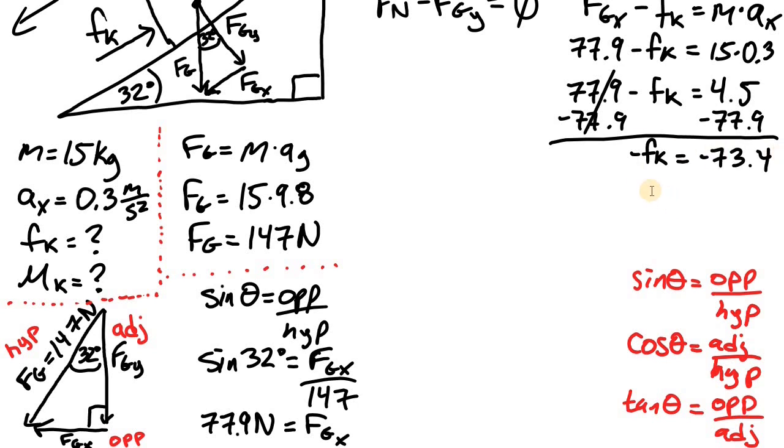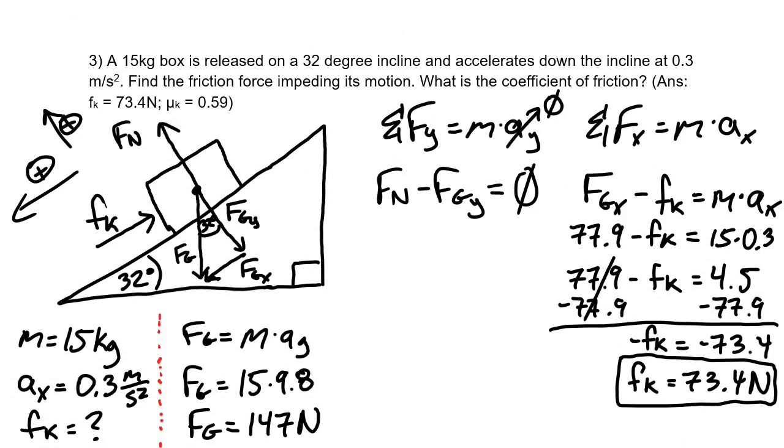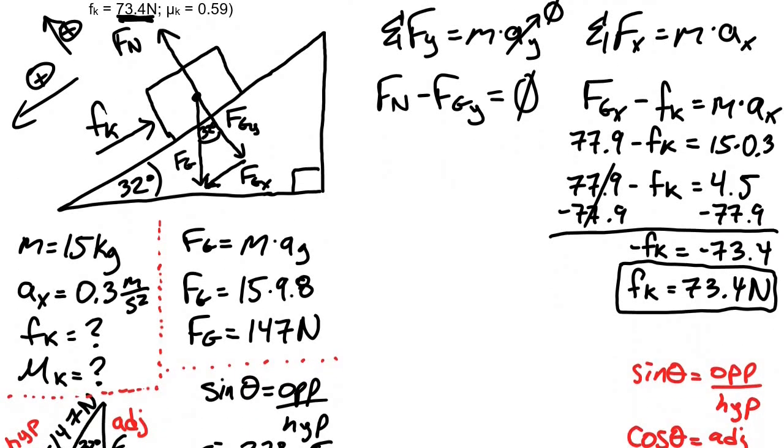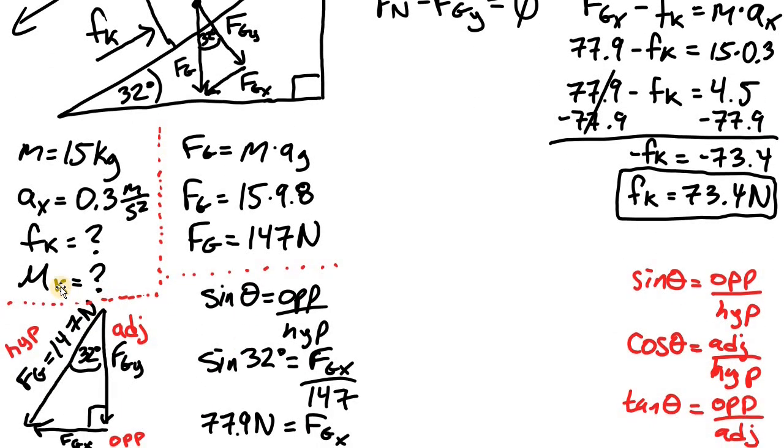And if negative FK is equal to negative 73.4, what is positive FK equal to? And that is one of our final answers, which we can see confirmed right up here. But that's not it. We're also looking for our mu k.